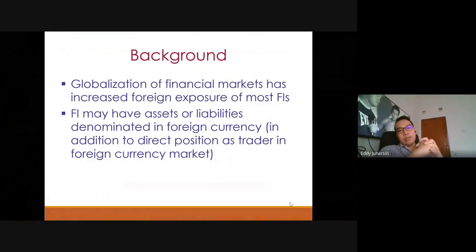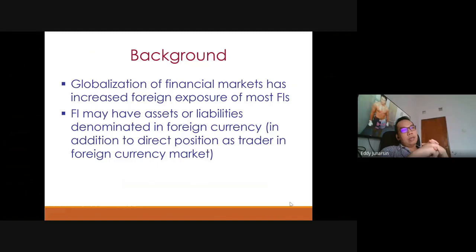Okay, you see the background here: globalization in financial markets, in product markets, and all sorts of markets has increased the necessity to measure and manage the foreign exchange risk or currency risk. Right? Especially in the industry of finance, banking, we call it financial institutions.